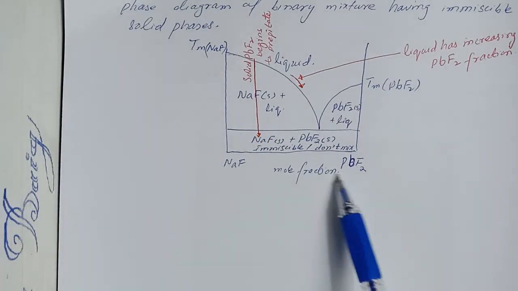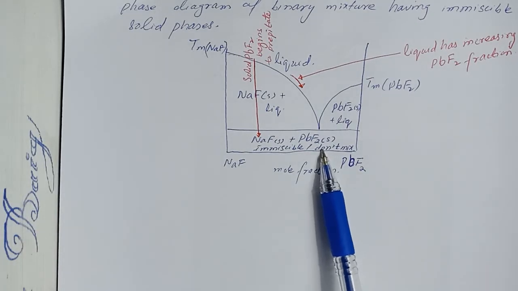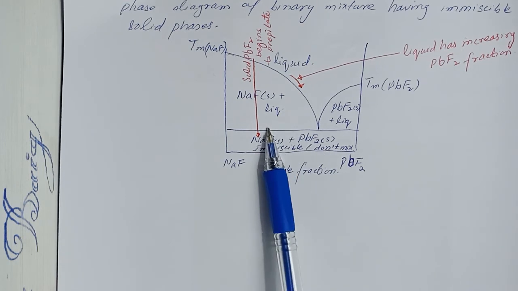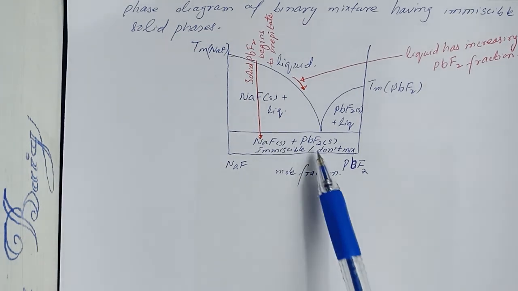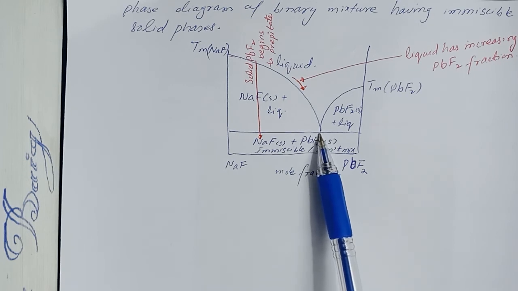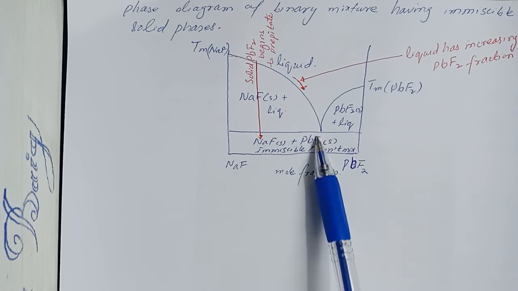In this case, the solid phases are immiscible at any range of the liquid, but they are showing a eutectic point at which the melting of the two components in the solid and freezing are at the same point, that is the eutectic point for this phase diagram.